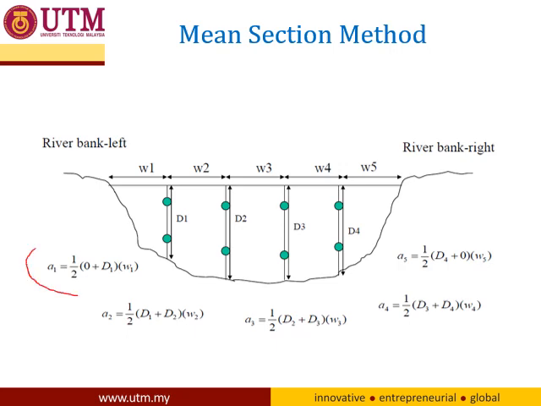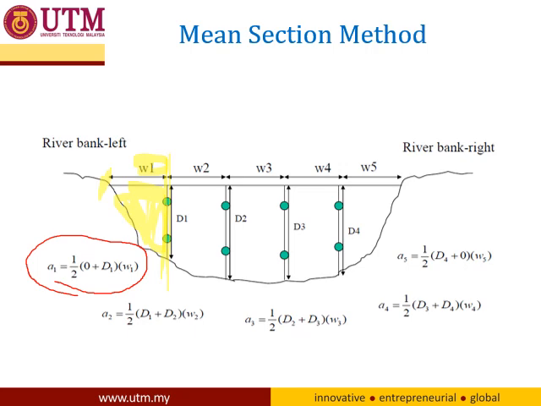Okay, is this way. So for the first area segment, it is this one. What you do is you need to get the width from the bank, the tebing bank, to the observation line of the velocity.